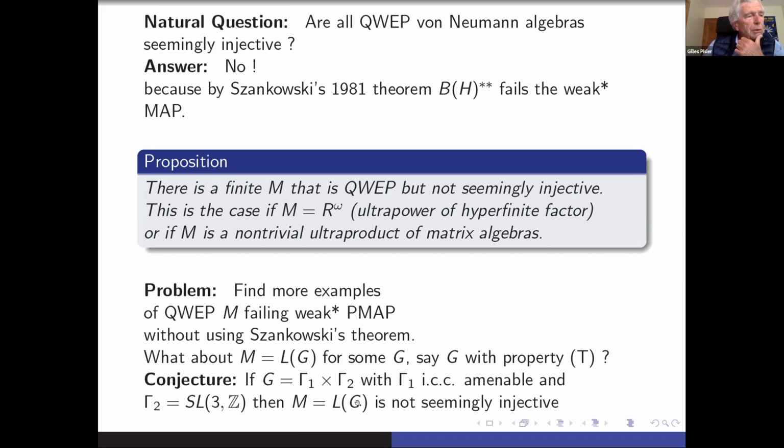And so the von Neumann algebra of this product G will be the von Neumann tensor product of the hyperfinite factor and the L of this gamma 2, which has property T. I suspect that this will not have the positive metric approximation property, and the arguments of De Cannière-Haagerup clearly do not apply here, but I can't gather this well enough in order to get a counterexample.